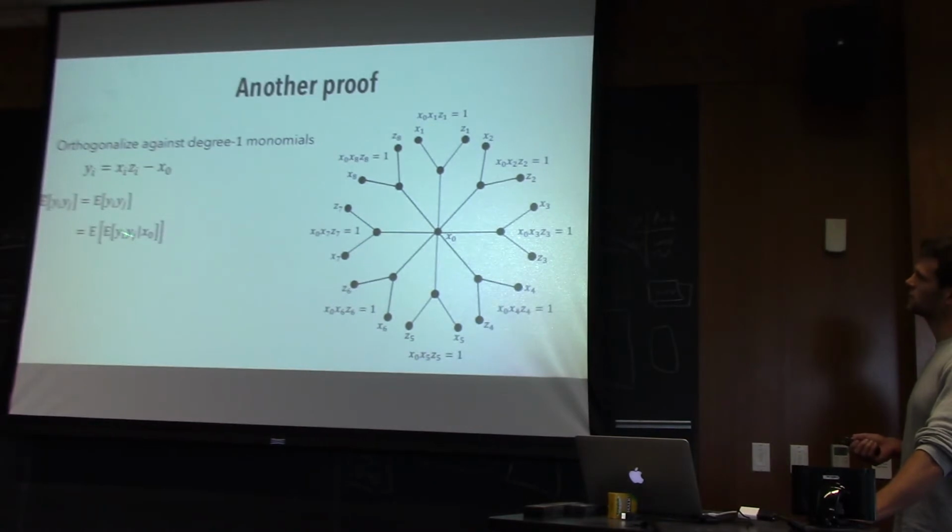Now, of course, given a fixed value for x0, these constraints involving yi, this constraint involving xi, zi, once I've fixed x0, these things are now independent. So I can write it like this.